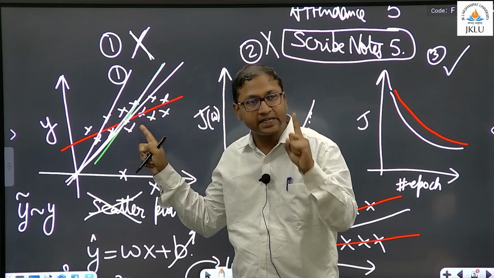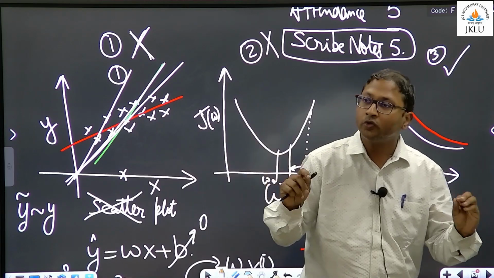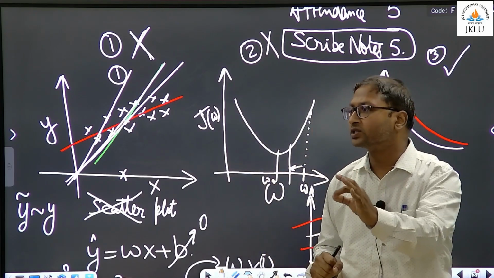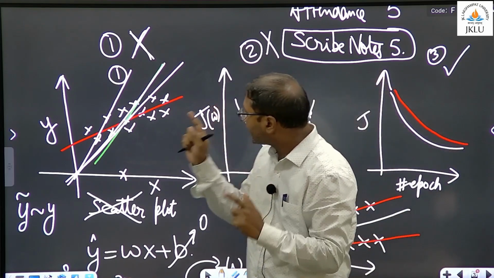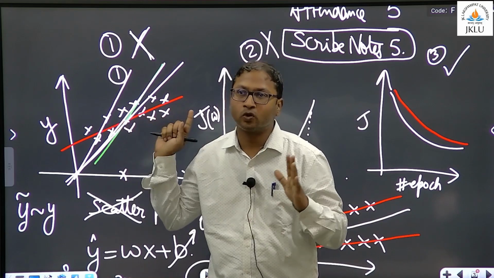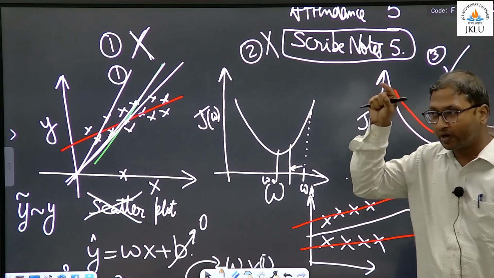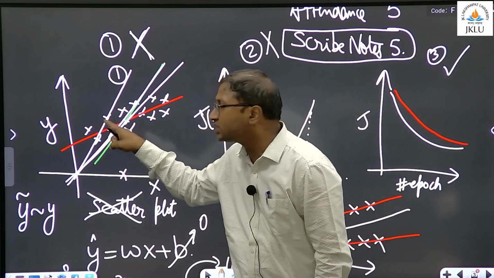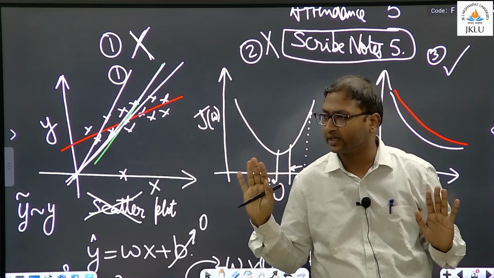Can you have a single straight line passing through all these points? You can't. So you are certain to have a non-zero error, right? There does not exist any line which can pass through all these points, and hence you will have a non-zero error.